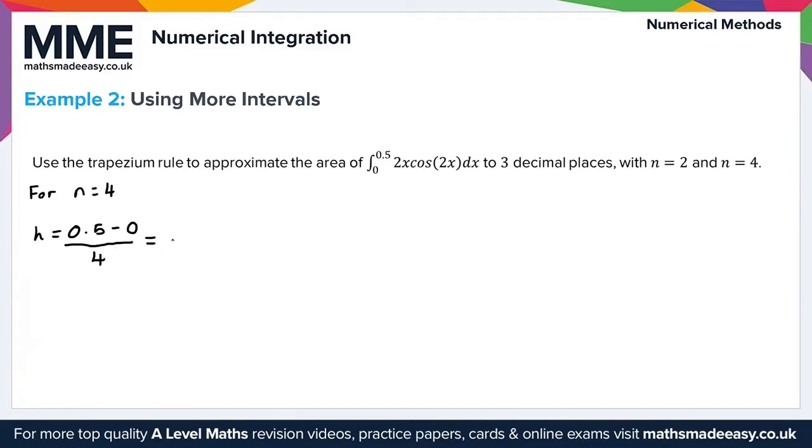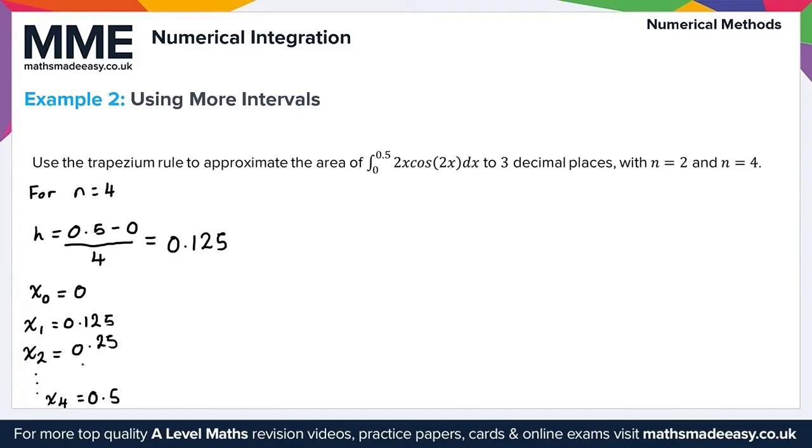So that would be 0.125. Therefore x0 will be equal to 0, x1 will be 0.125, x2 will be 0.25, and this will go on up to x4, which is equal to 0.5.